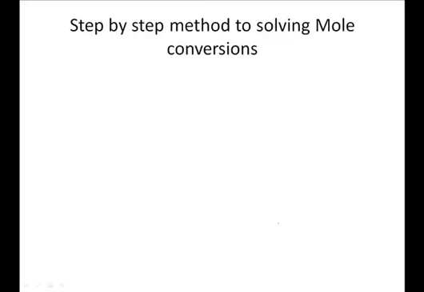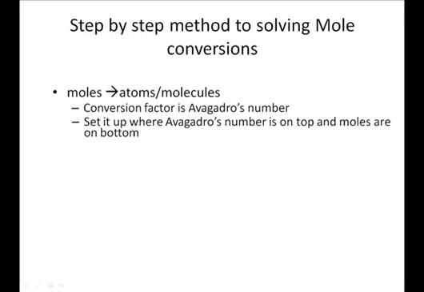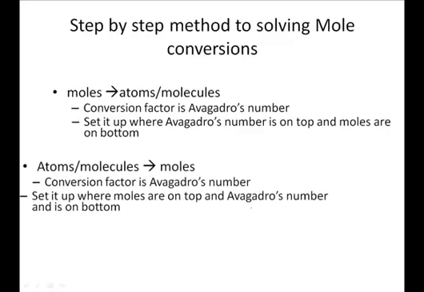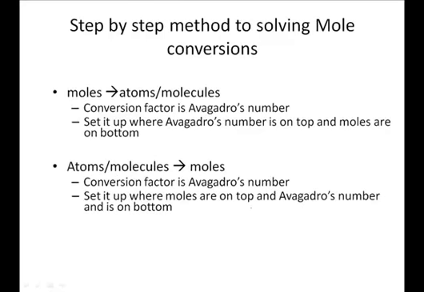Here's some more easier type problems. When I'm given moles and I need to solve for atoms, my conversion factor is Avogadro's number. I set it up where Avogadro's number is on top because that's what I'm looking for, and moles are on the bottom. Same type of deal, just the converse of that.